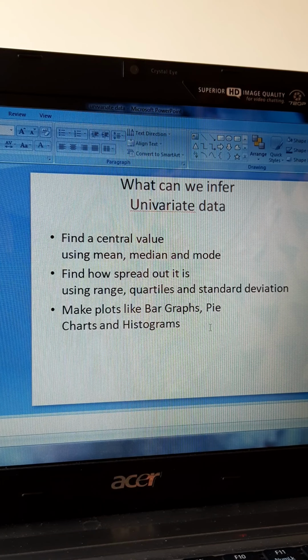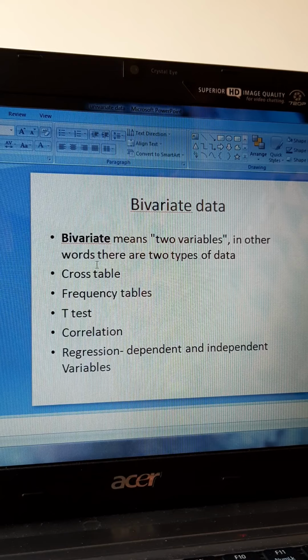You can do bar diagrams, pie charts, histograms. You can do time series. If you see time series, what is the stock exchange fluctuation? You can do time series. All these things you can do with univariate, with one variable over a period of time or with the existing data. Right?